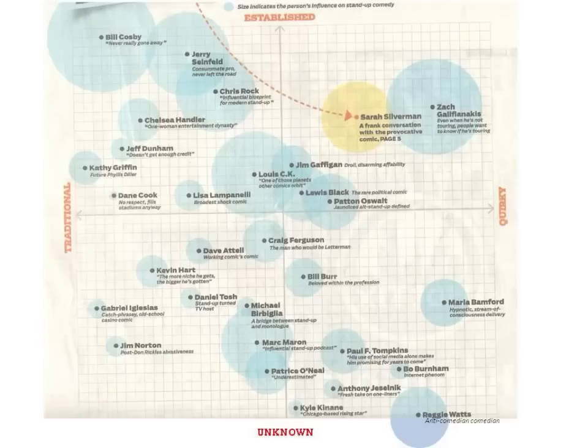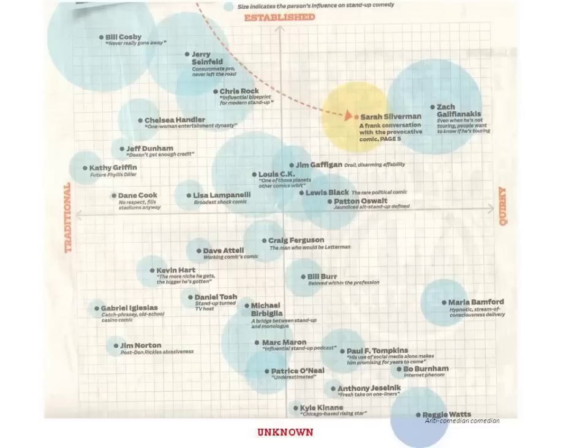If you look far to the left-hand side, Bill Cosby, Jeff Dunham, fairly traditional conservative approaches to comedy. You might not agree with how everything is laid out on here, but that's okay. And of course, on the vertical dimension, we have well established at the top to unknown at the bottom.